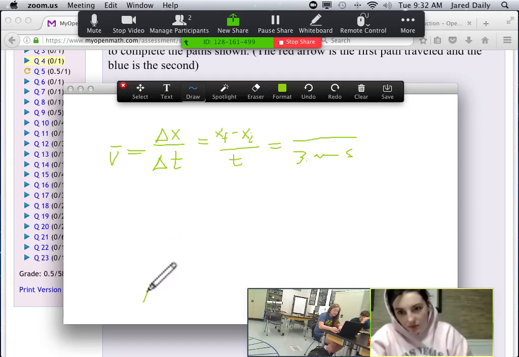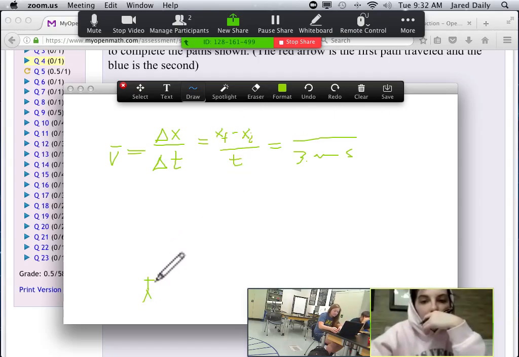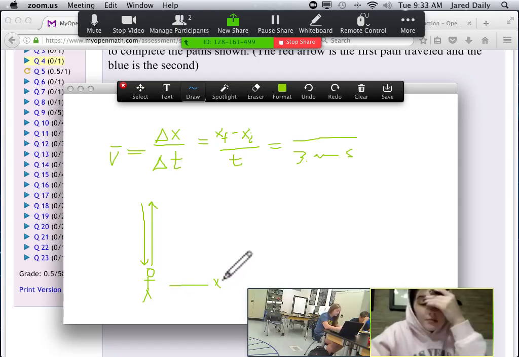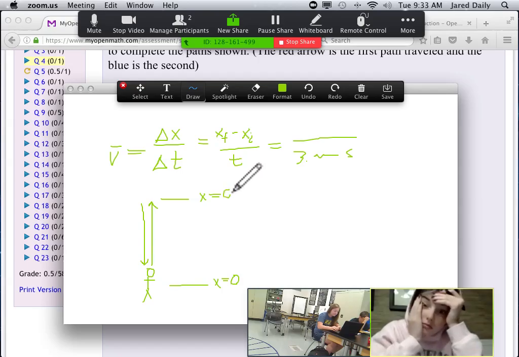Well, this guy starts off in his position here, and he goes somewhere, and then he turns around and comes back. So what's his initial position? Let's call this x equals 0. We'll call this up here x equals Chicago.